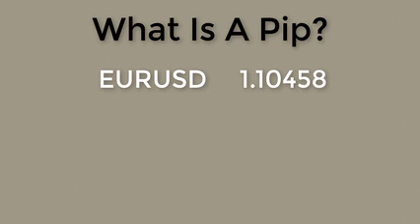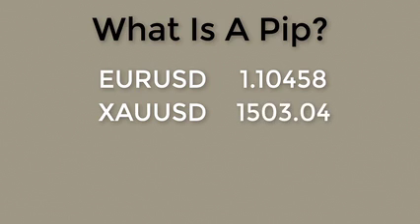But not always. Let me give you another example. So look at gold. So now if you went to buy an ounce of gold, this is what you'd pay for it. It's $1,503, and it goes out to 0.04. So to the penny this time, right?